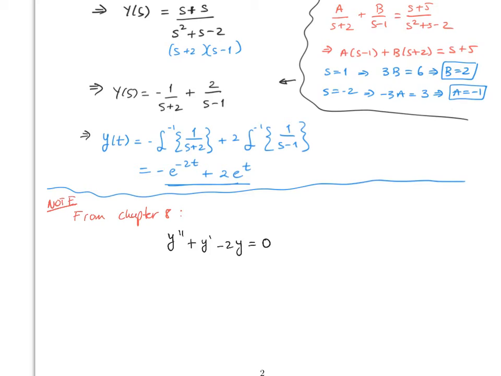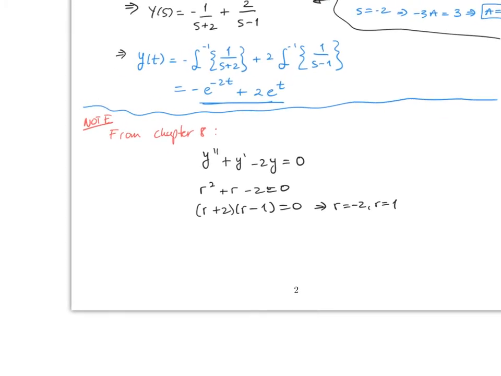So what we did there, you have the characteristic equation, and from here, this was r plus 2, r minus 1 equals 0. The values for r were minus 2 and 1.